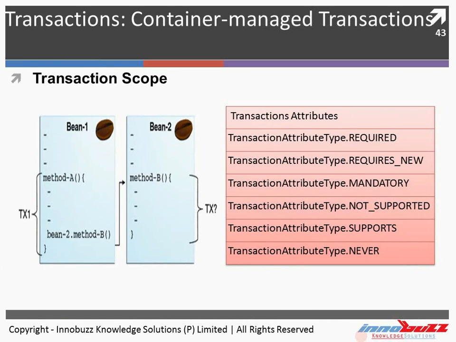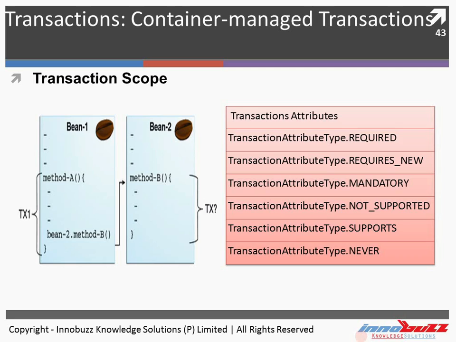When method A starts a transaction and invokes another method B, the transaction attributes are required to be set. So we have transaction attributes, which are necessary for container managed transactions to signify what is wanted. The attributes are Required, RequiresNew, Mandatory, NotSupported, Supports, and Never.